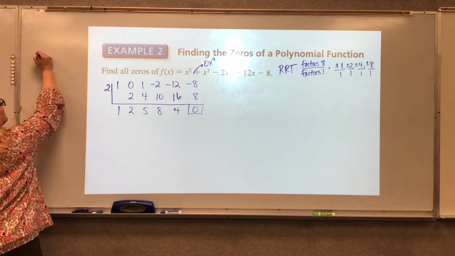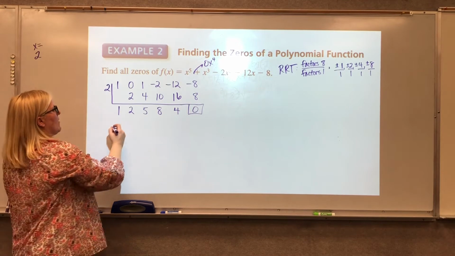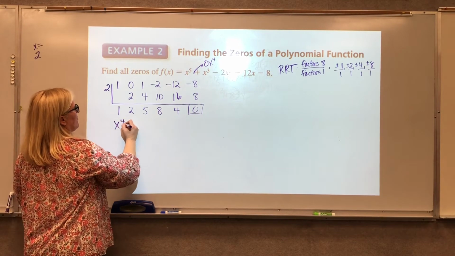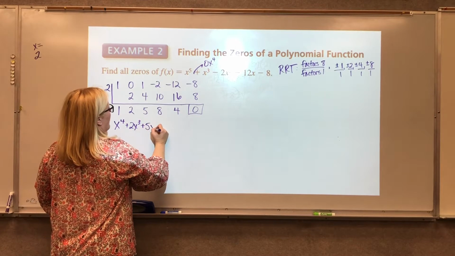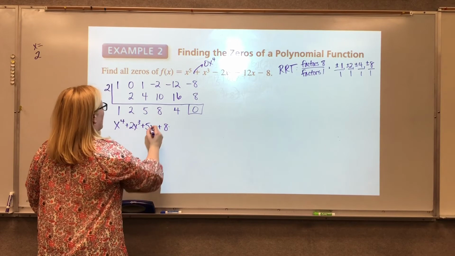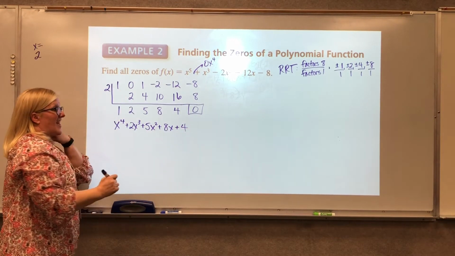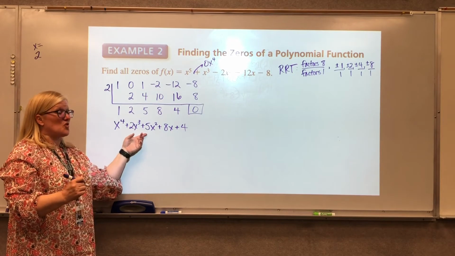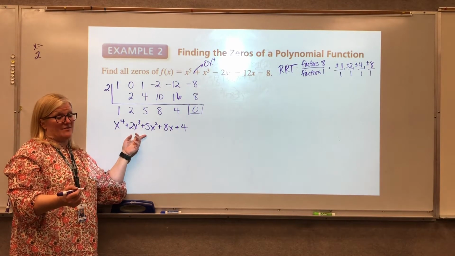I'm just going to write it up here. x equals 2. All right, but now I'm down to x to the 4th plus 2x to the 3rd plus 5x squared plus 8x plus 4. Okay, I need to do the synthetic division again.